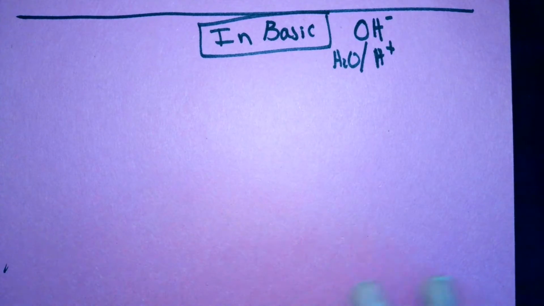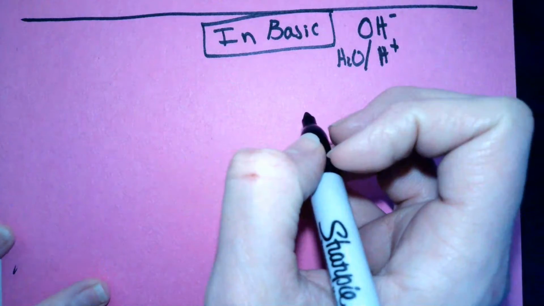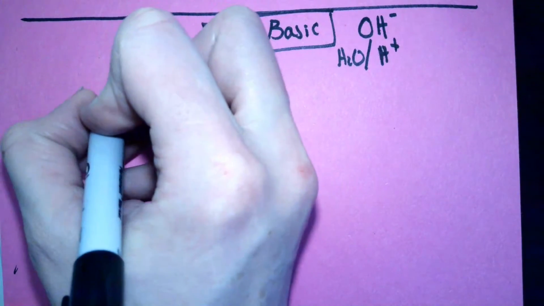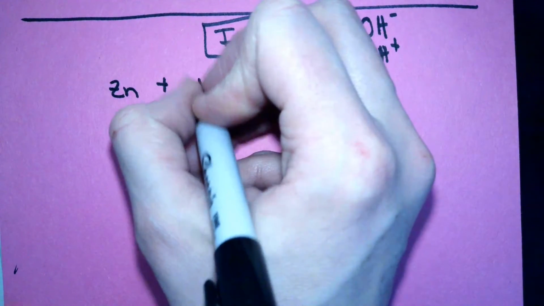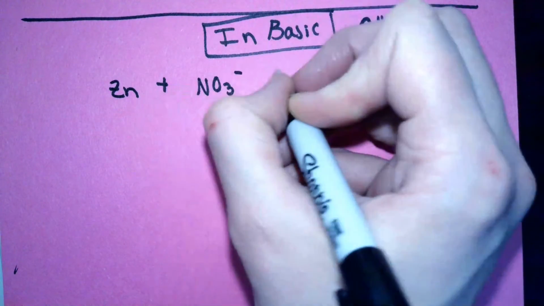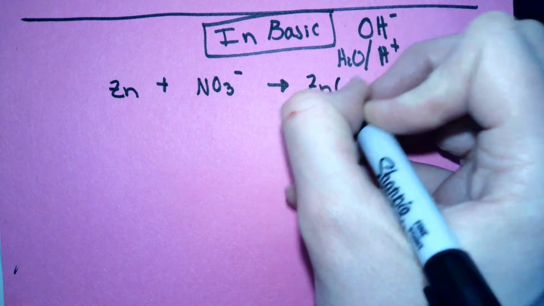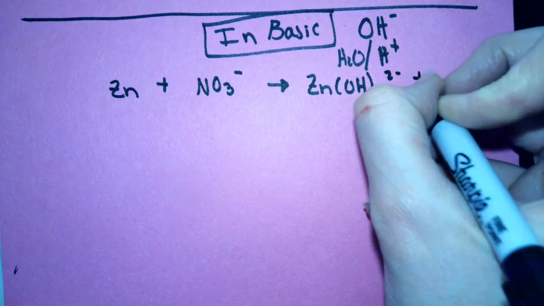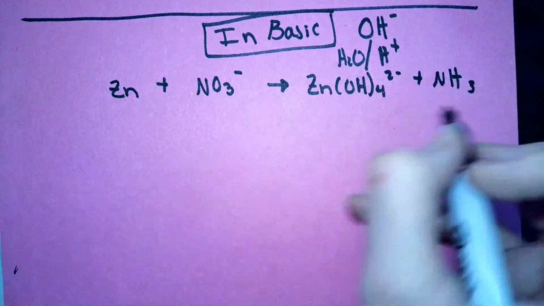Let's start by writing out the equation and determining who are our oxidizing and who are our reducing agents. So I'm going to have zinc and nitrate with a -1 charge to form zinc oxide, 2- charge, and a 1. There we go.